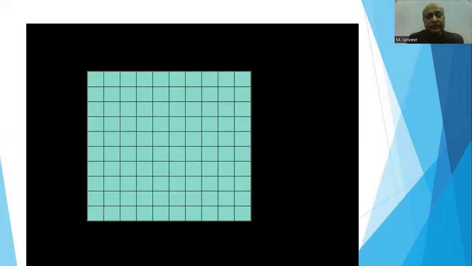This is a graph. This is the speed which is increasing. We will take time on this axis and distance covered on this axis.